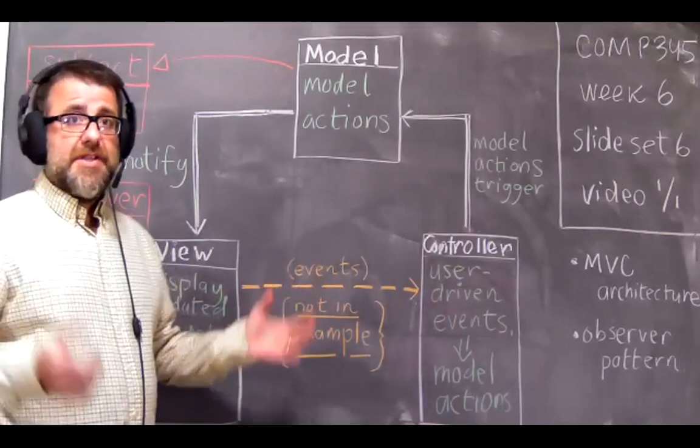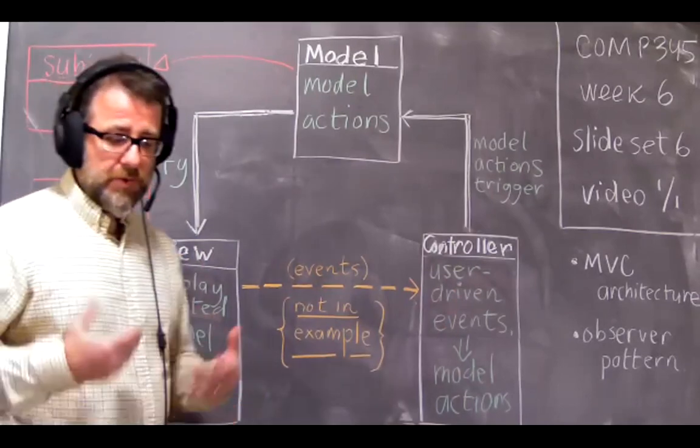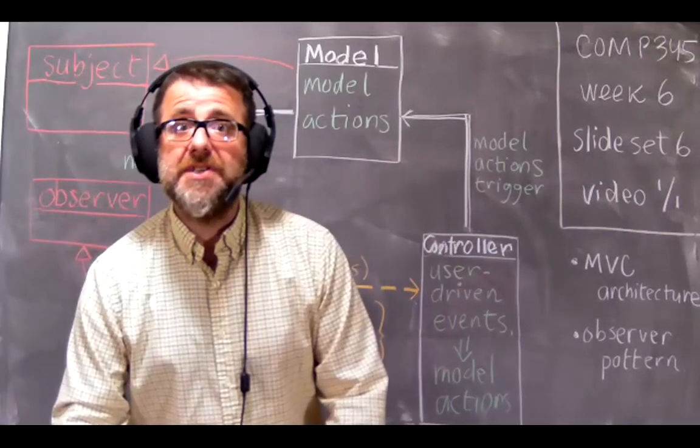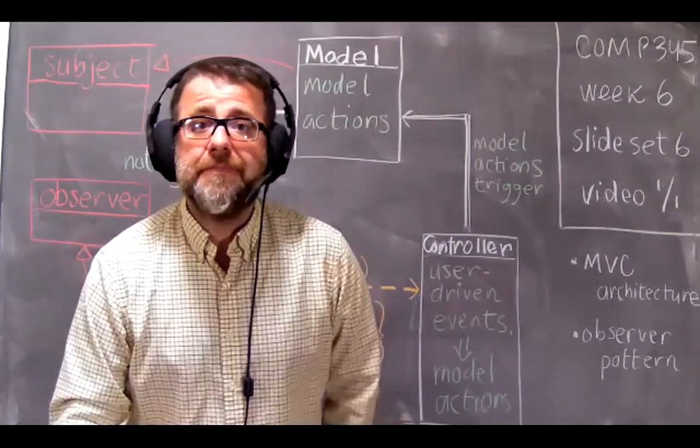And of course, there can be many different views that are open at the same time. Okay, of course, then that would involve concurrency and threads and so on. We're not going to go that far here.